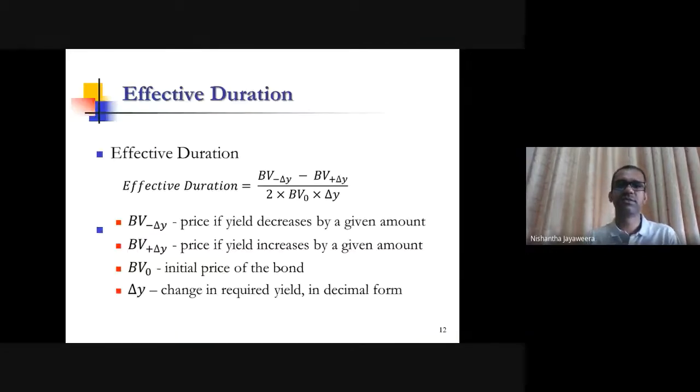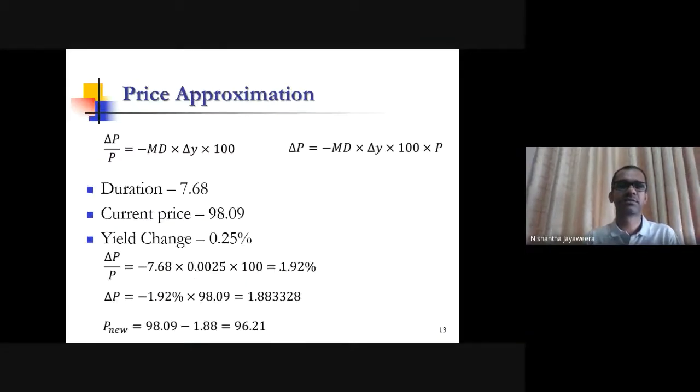So this is that example. Delta P over P is the change in price divided by price, which is the percentage change in price. We can calculate it as minus modified duration times change in yield times 100. Now remember how you substitute figures.